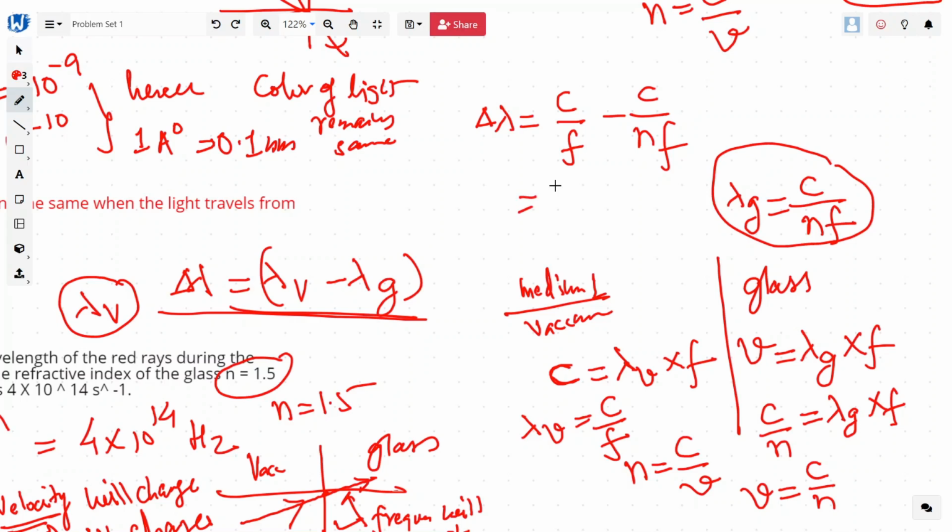We can take out c by f outside. We have 1 minus 1 by n, and that will give us the answer.